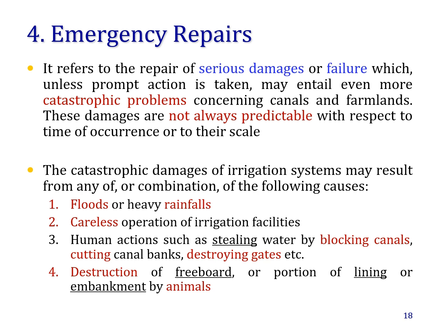Okay, then the last one is emergency repair. We know that there is no time frame for emergency. Emergency can happen anytime, and sometimes you have serious damages or failure. You may have catastrophic problems, and emergencies are not always predictable with respect to time.